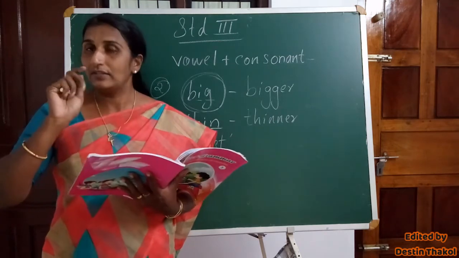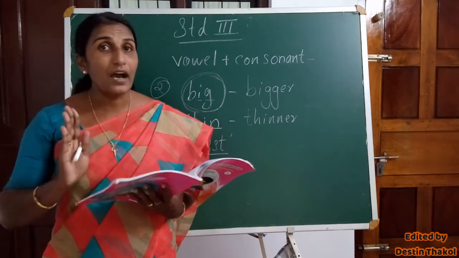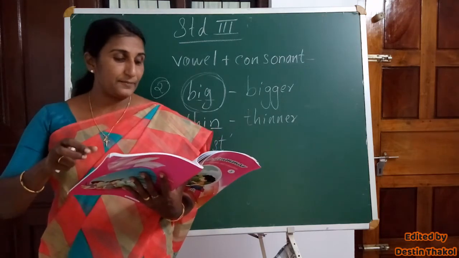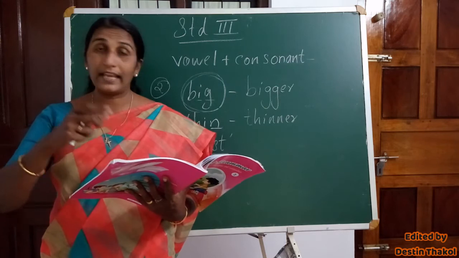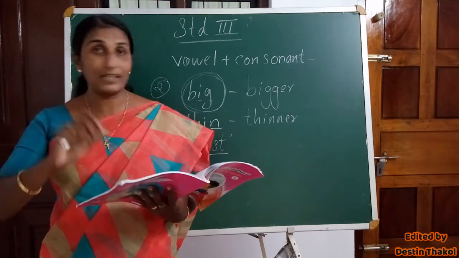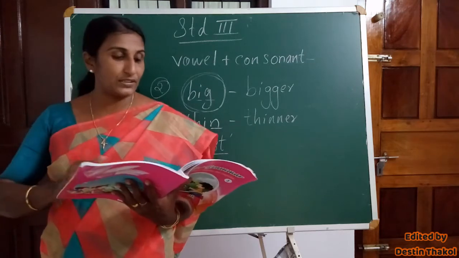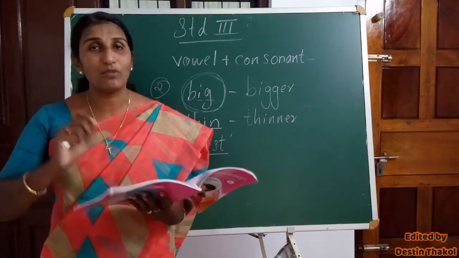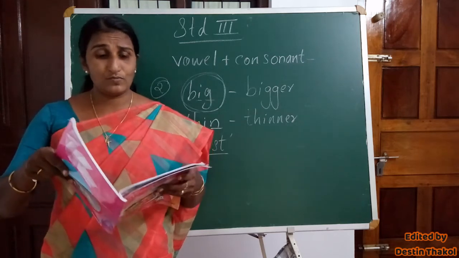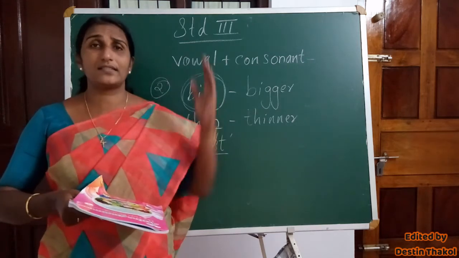Clear? So don't forget to use the before these adjectives. I told you, in some places we use the most. The example given is the most intelligent boy. See where we use smallest or biggest.